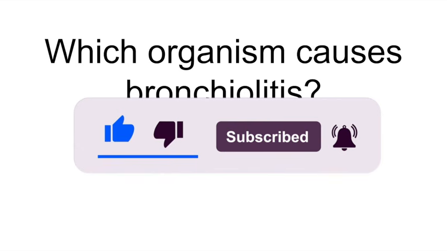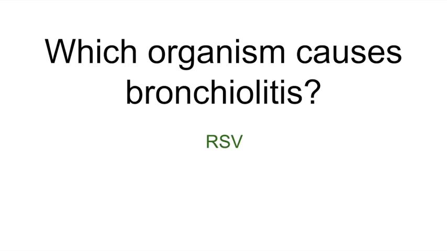So some complications that can be seen in patients with bronchiolitis, specifically if the patient is less than 2 months old, are apnea and respiratory failure. They can also experience recurrent wheezing. However, if they are older or a full-term healthy infant, then you don't typically see any complications in those patients.